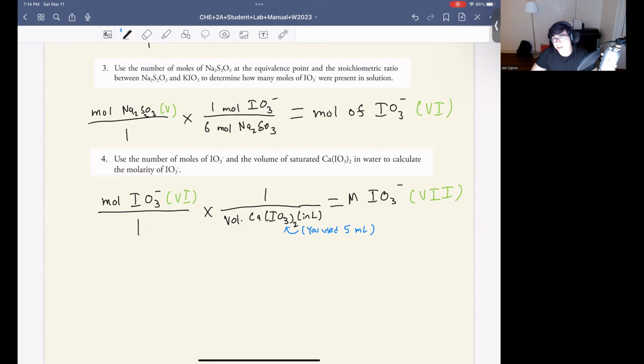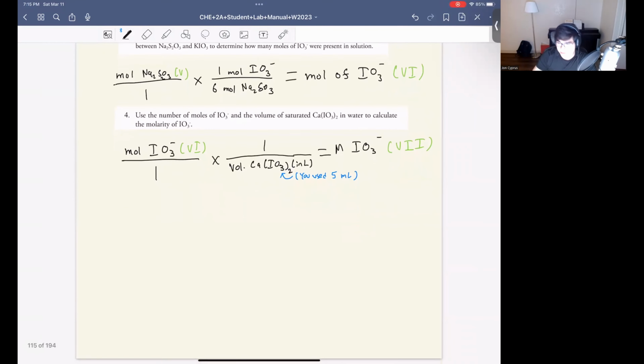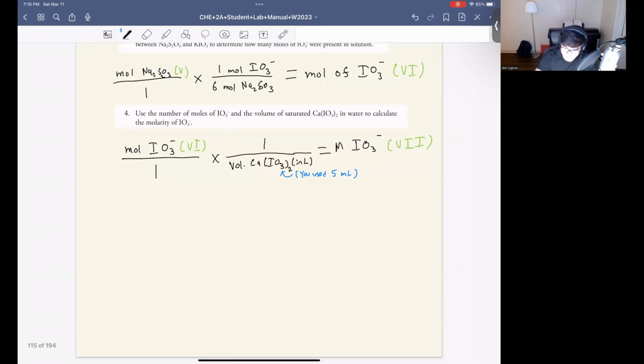There's 2 iodates in that instead of just 1. But you're looking at the moles of iodate that was in the solution overall. And so all of these moles of iodate were in the 5 milliliters of that calcium iodate with the 2 iodate in their solution. And so you don't have to do some stoichiometric ratio because you're looking at what's in the solution, not what is being formed in the solution. It's not breaking down, it's already broken down. So you should have used 5 milliliters, like I said, so just convert that to liters.